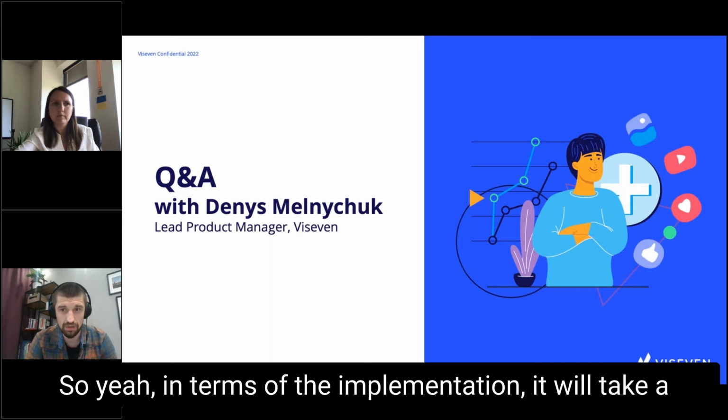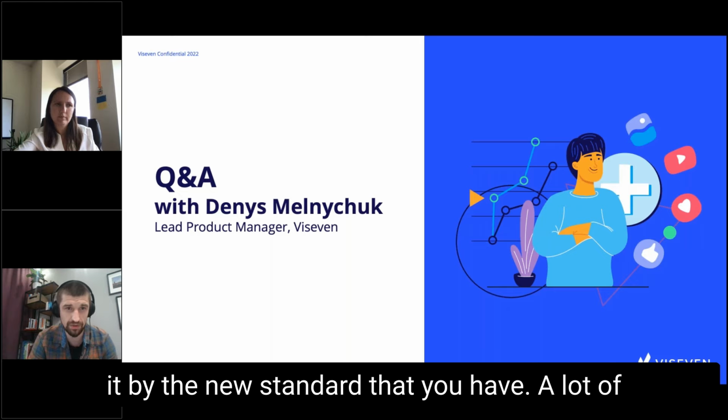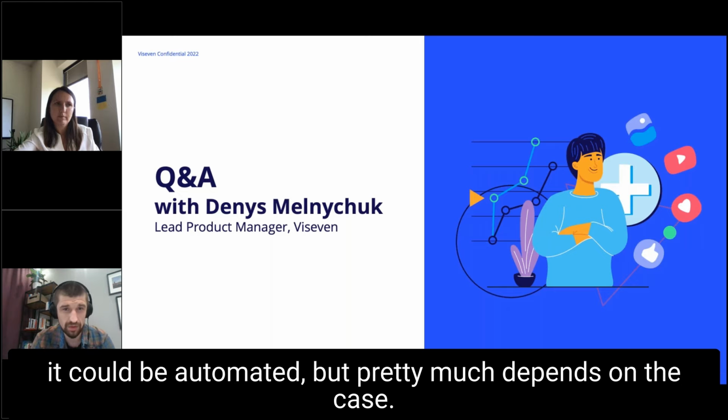So in terms of the implementation, it will take a lot of digging into old content and trying to classify it by the new standard that you have. A lot of it could be automated, but it pretty much depends on the case.